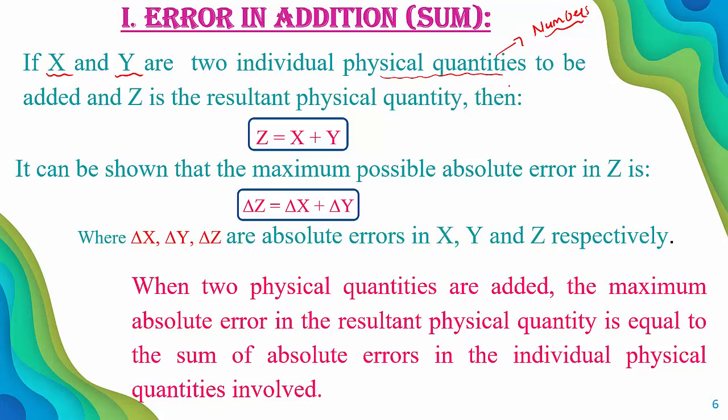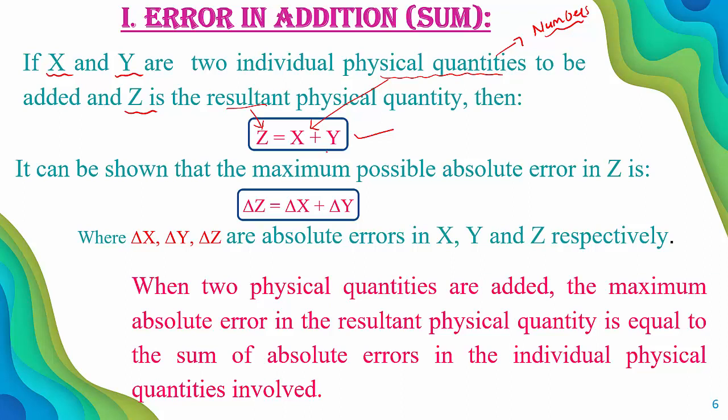When x and y are added, we get the resultant physical quantity as z. Then we can write z equal to x plus y. In general, z is the resultant, and x and y are the physical quantities. So this is addition.